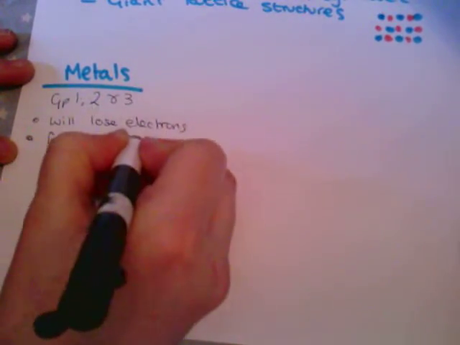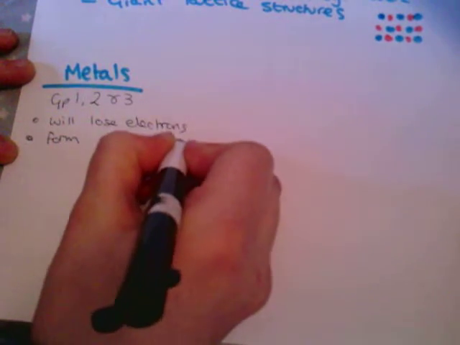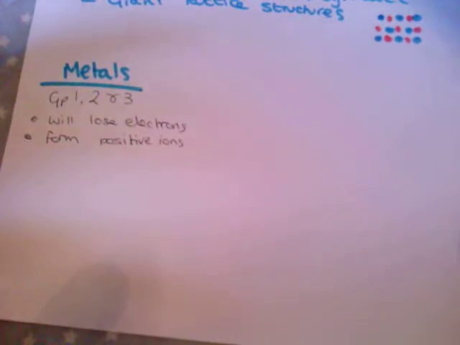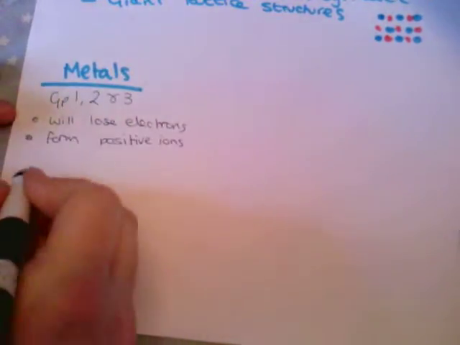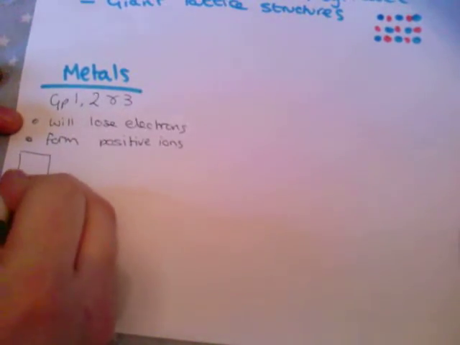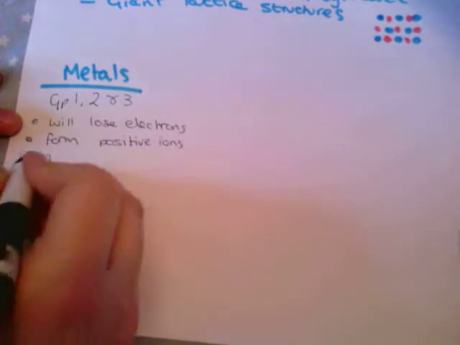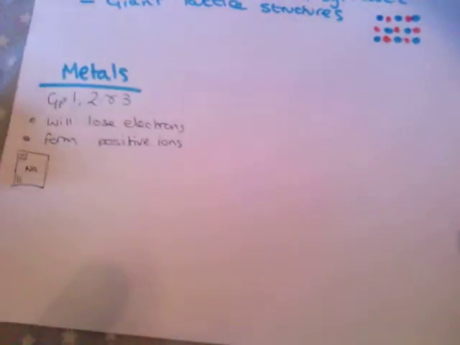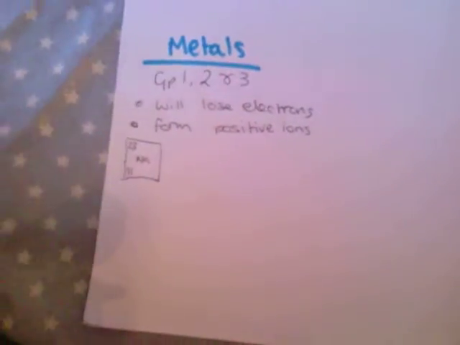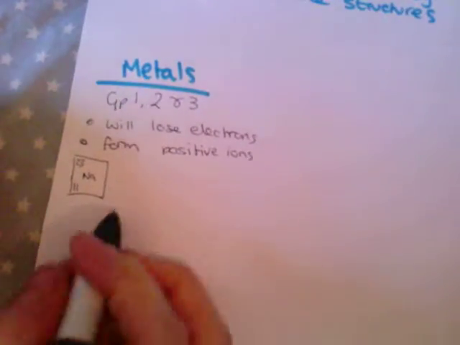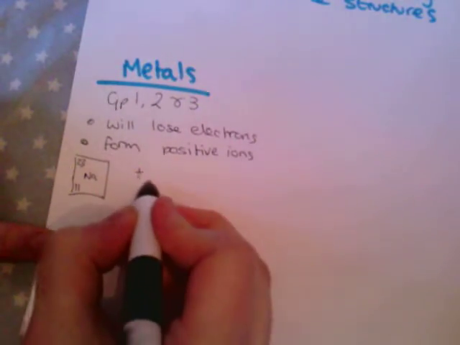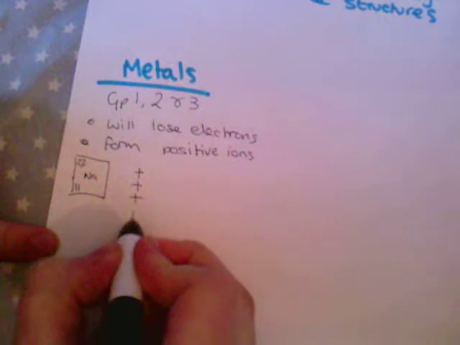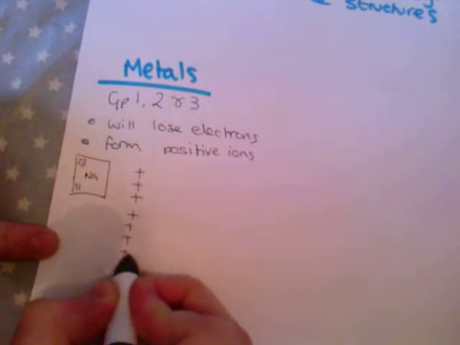Now if you get a little bit muddled about why this may happen, it is sometimes quite useful to draw out what's going on with the protons and the electrons. So we look at sodium. You have a copy of the table, I'll just sketch out. So it's 23, 11 on the periodic table. It has 11 protons and they have a positive charge. 3, 4, 5, 6, 7, 8, 9, 10, 11.